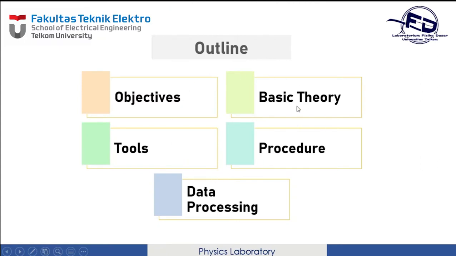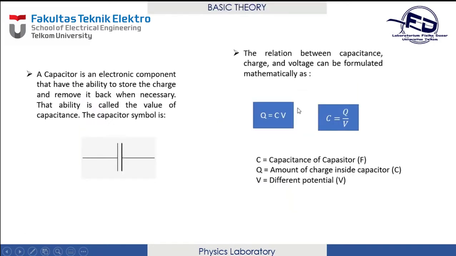Okay, let's go to the basic theory next. So here on the screen you can see that this symbol represents a capacitor. A capacitor is an electronic component that has the ability to store charge and release it back when necessary.